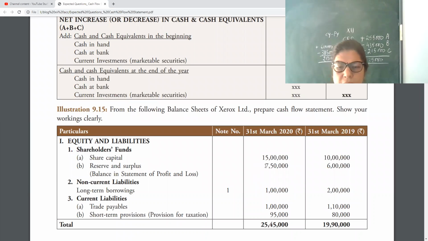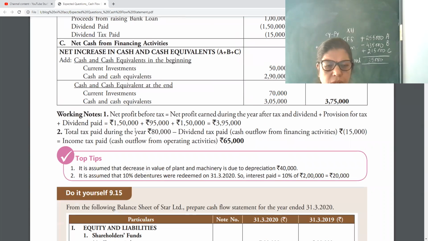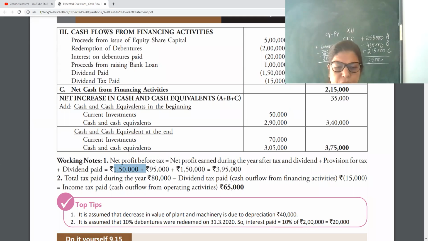Current year 7,50,000 and previous year 6 lakh. What is the difference between these two? Yes, very good, 1,50,000. Then dividend and provision for tax are to be added. So our NPBT, net profit before tax, will be 3,95,000.